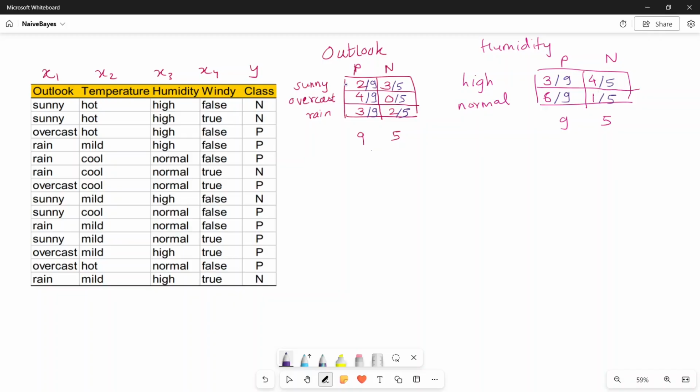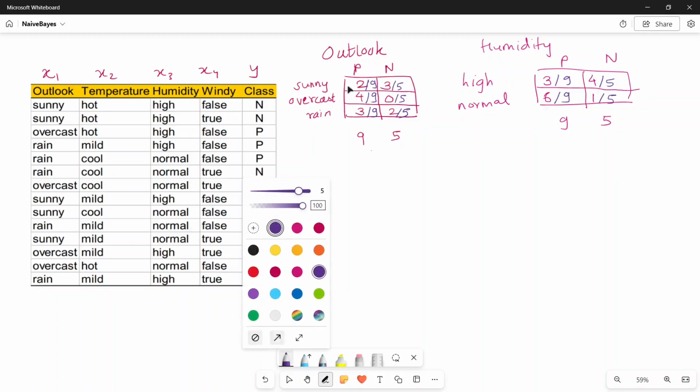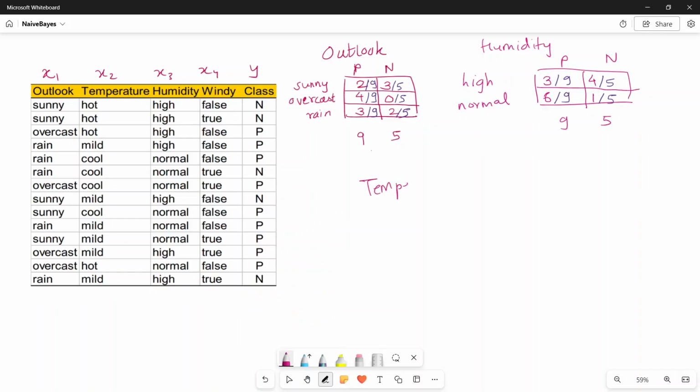Okay, now let's go to the next variable. Next variable is temperature. Temperature has 3 levels, or 3 possible values: hot, cold and mild. This is P and this is N. So again, hot and P combination will occur twice if you count.